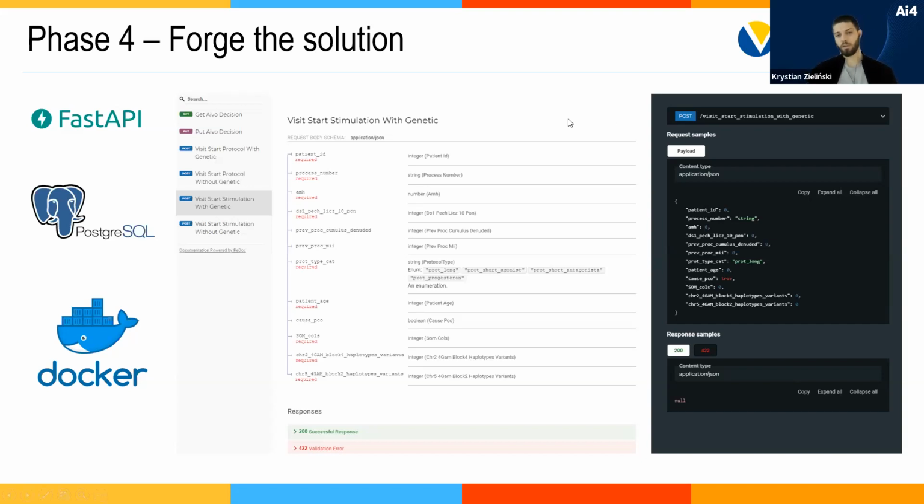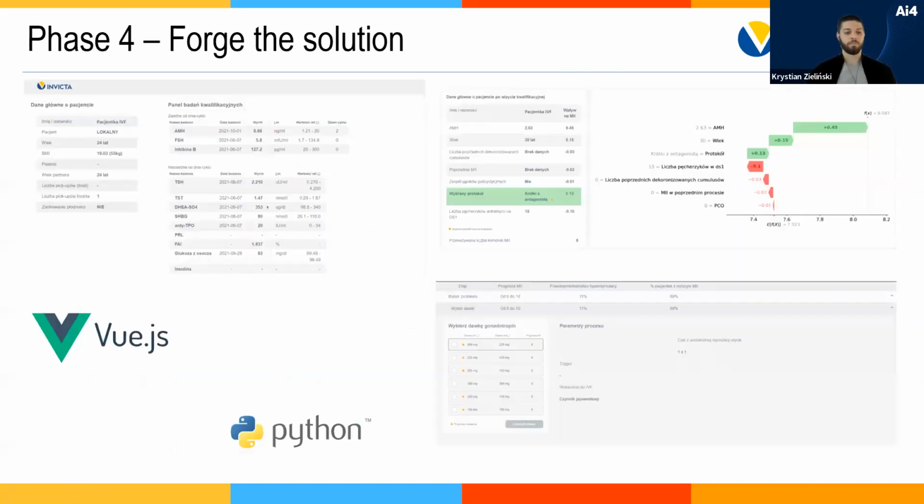So basically, our approach takes the data of the patient and gives the predicted number of M2s. We built a user interface for that, and right now our gynecologists can simply use the model to explain the number of M2s that the model predicts, and also choose the proper doses and proper protocols for a patient.